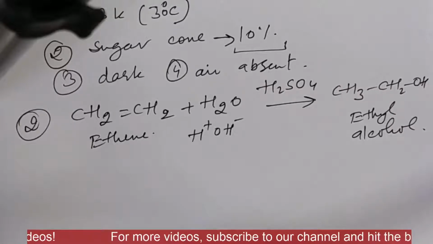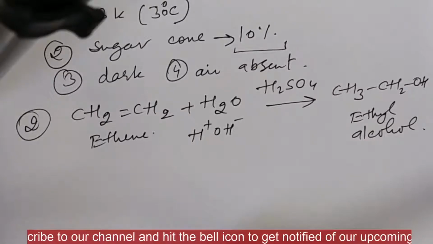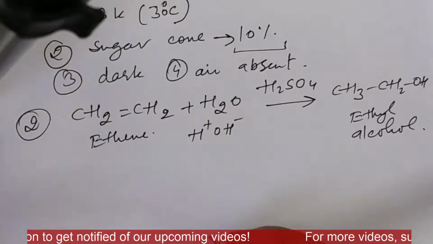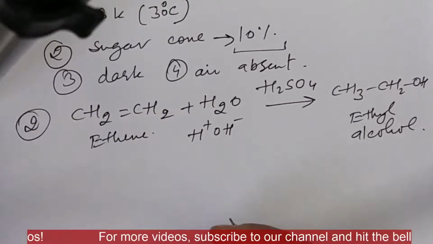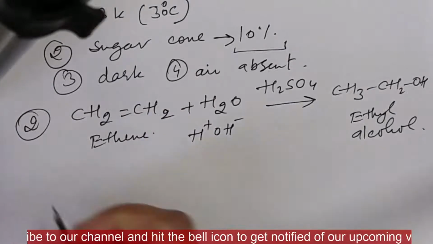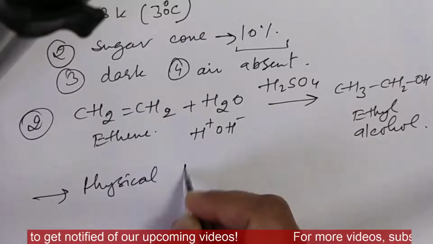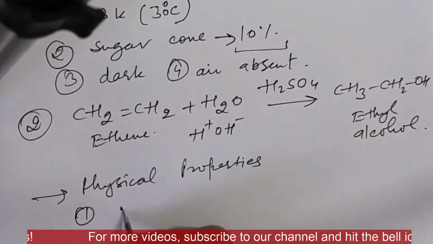The physical and chemical properties you have to keep in mind. Physical properties: ethanol is basically a colorless liquid with a characteristic smell, and its boiling temperature is 78 degrees Celsius. Keep it in mind, students, the first point is that it is neutral towards litmus.